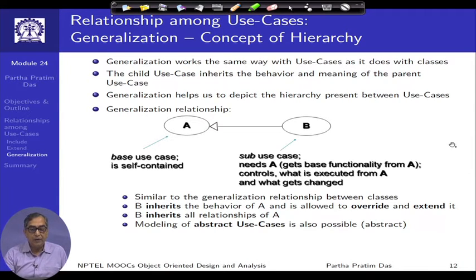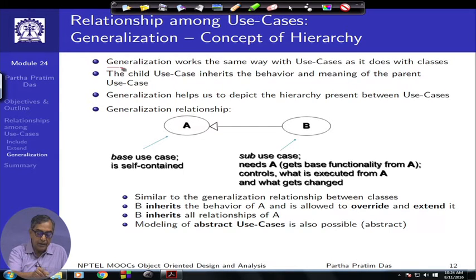The third kind of relationship that may exist between use cases is the generalization relationship. You must have experienced by now that this basic concept of generalization, specialization or hierarchy is repeatedly occurring in the OOAD scenarios. So, it works in the same way as it does with classes.